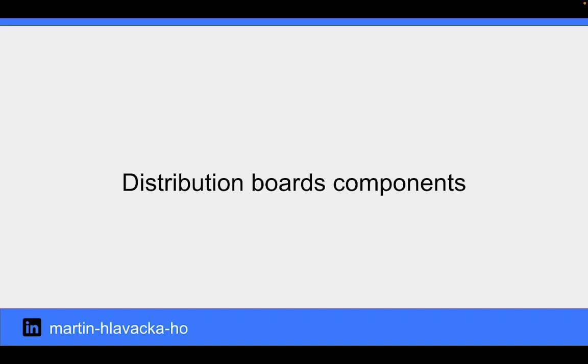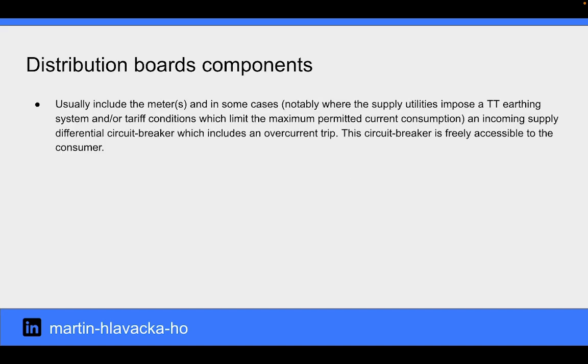Distribution panel components. Distribution panels in residential premises usually include the meters and in some cases an incoming supply differential circuit breaker which includes an overcurrent trip. This circuit breaker is fairly accessible to the consumer.